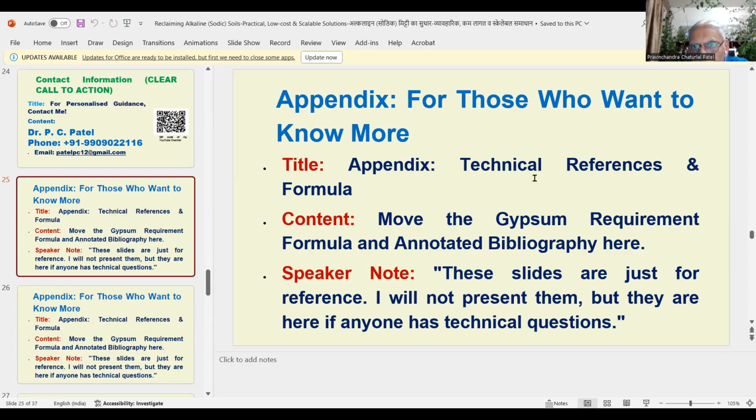In the appendix, I have given technical references and the gypsum requirement formula and annotated bibliography. Speaker note: these slides are just for reference.